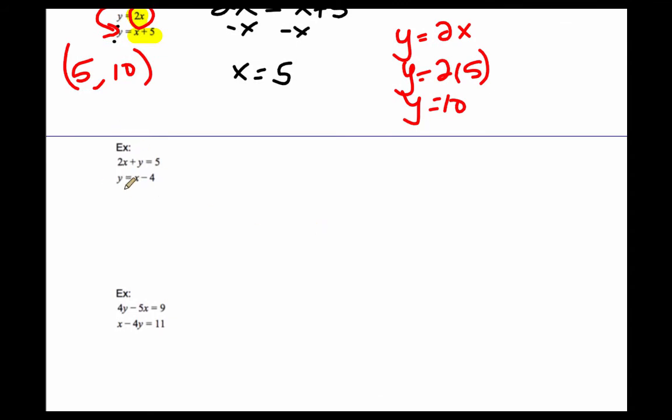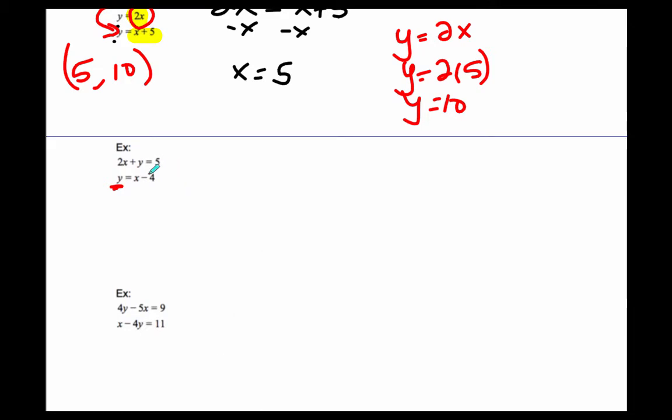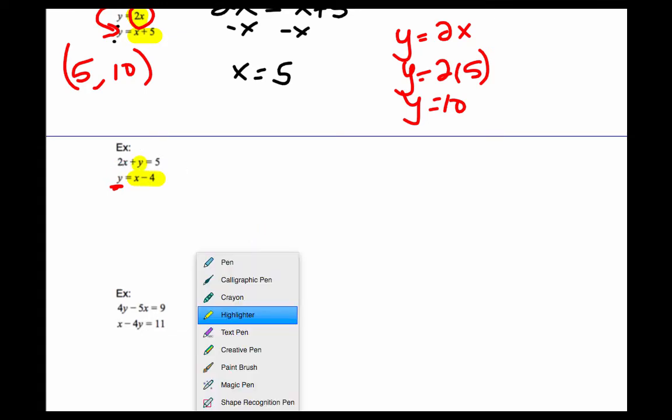Now in this example, this y is by itself. This one is not, but you only have to have one variable isolated. So this will work. So what's going to happen is I am going to substitute this x minus 4 in for that y.